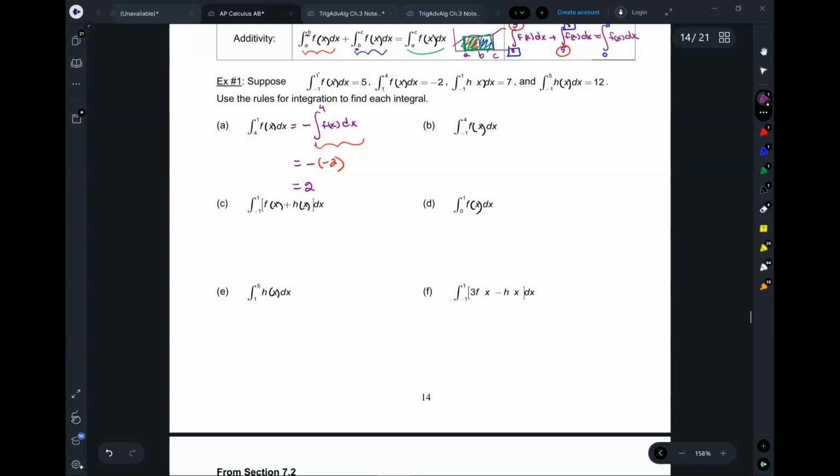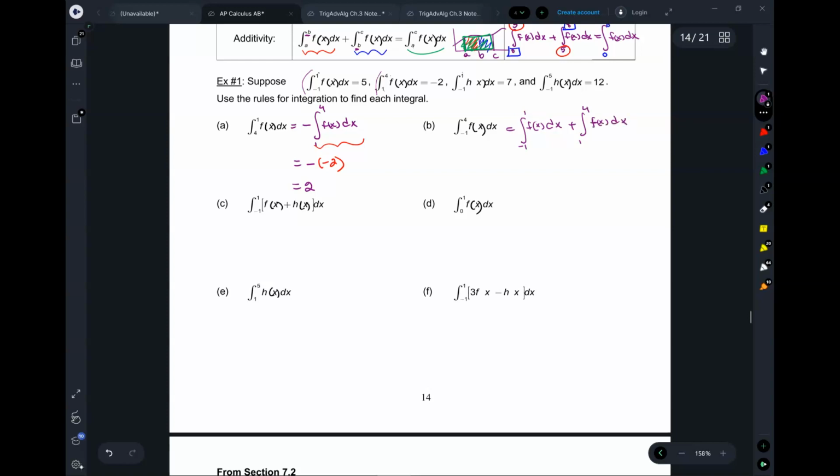Now we're asked to find the integral from -1 to 4 of f of x dx. Well, the integrals that I'm given up top go from -1 to 1 and then 1 to 4. So this integral is really the sum of the integral from -1 to 1 plus 1 to 4.